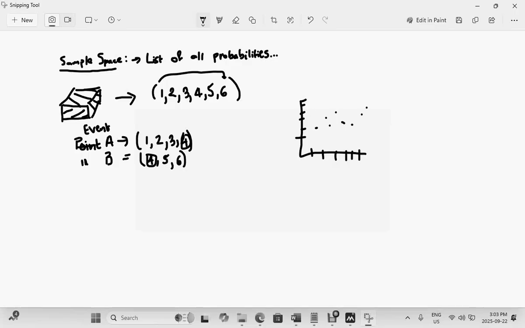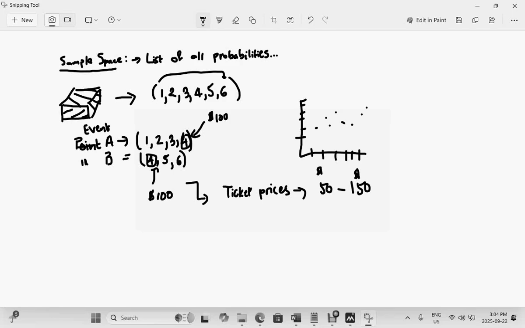If the ticket prices repeat in event A and event B, let's say this is $10 over here, and this is $10 over here, and you're listing the range. Let's say the ticket prices are anywhere between $50 to $150, for example.